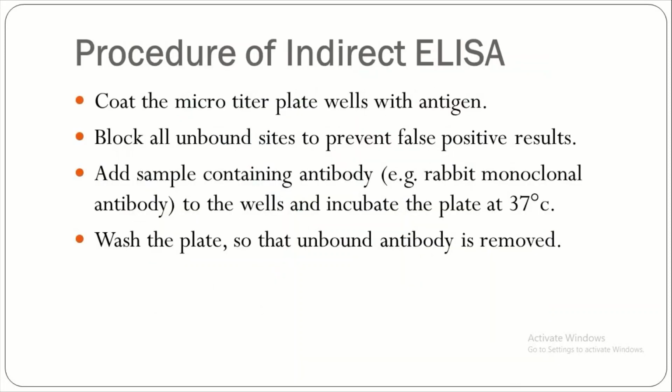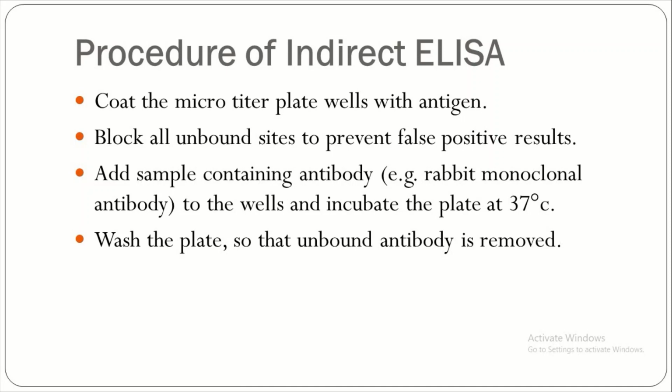The procedure involves, first, coating the microtiter plate with an antigen and blocking all the unbound sites to prevent false positive results. So you only leave open the site where your antibody is going to bind to the antigen. That is the meaning of blocking the unbound sites. Now you add the sample containing the antibody.